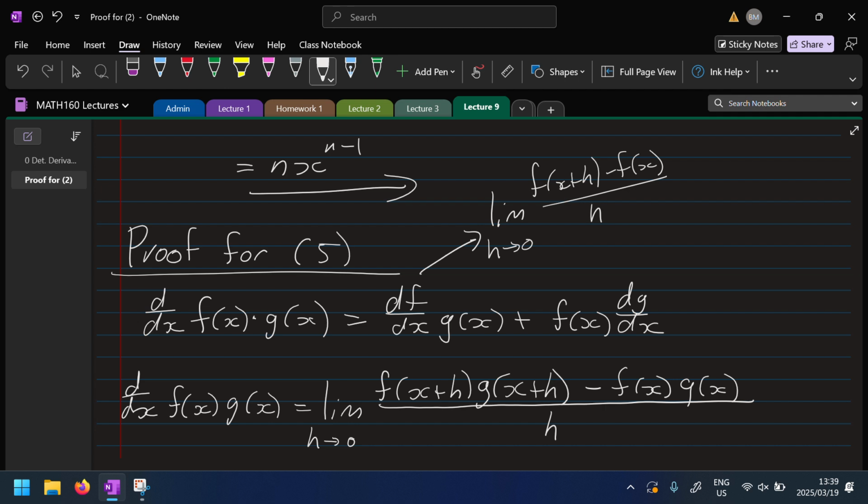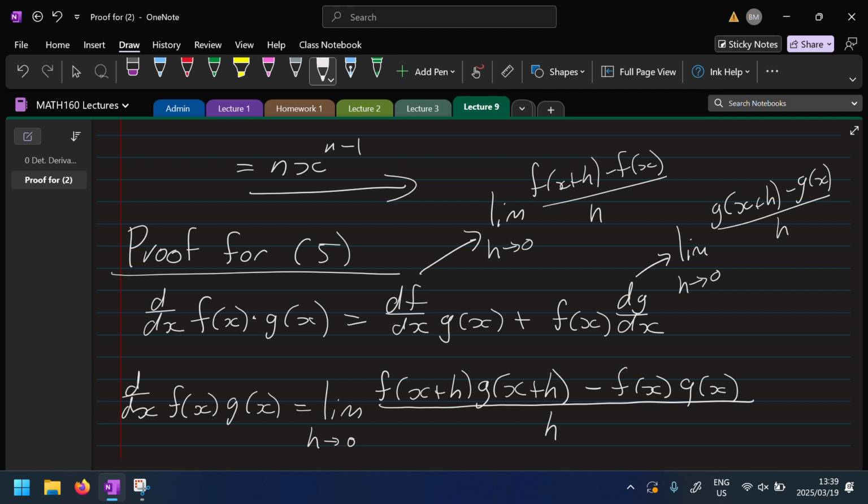We've got a product of f and g and then another product of f and g. What we want to do is try and separate them into one part with f and another part with g. And then over here we have the limit as h goes to 0 of [g(x+h) minus g(x)] over h. Okay, so again, that's what we want.